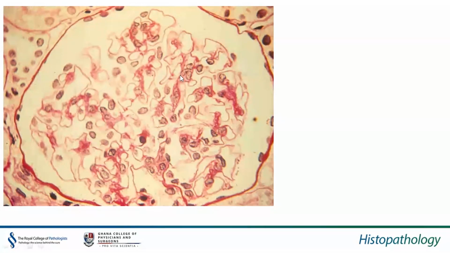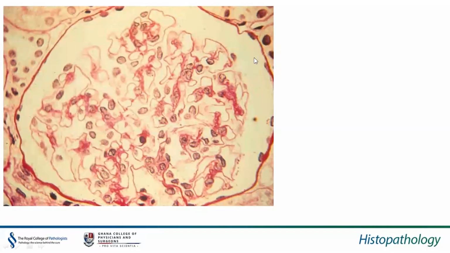This may be because of severe mesangial proliferation, which impinges on the capillary lumens, or there may also be leukocytes, neutrophils, or monocytes infiltrating the glomerular tufts. So this type of hypercellularity involving the tuft is known as endocapillary hypercellularity, which may be due to mesangial hypercellularity or due to proliferation within the lumen of the capillaries.